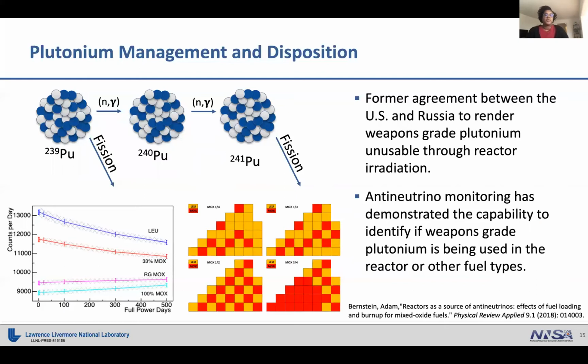The idea was that you could take weapons-grade plutonium, mix it with uranium to make some sort of mixed oxide, and then burn it in a nuclear reactor to make it unusable for nuclear weapons purposes. They demonstrated that you can use antineutrino monitoring to determine what the actual core makeup of the nuclear reactor is.